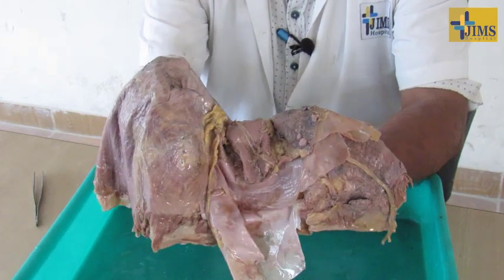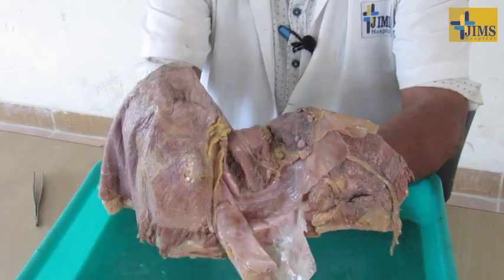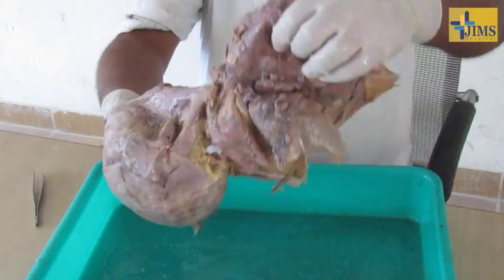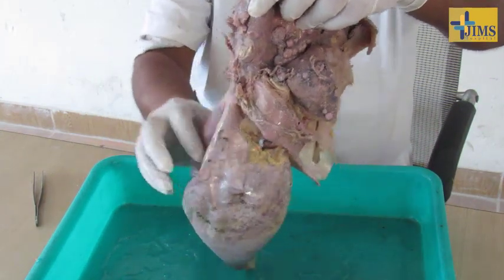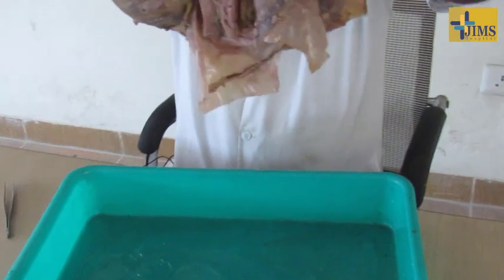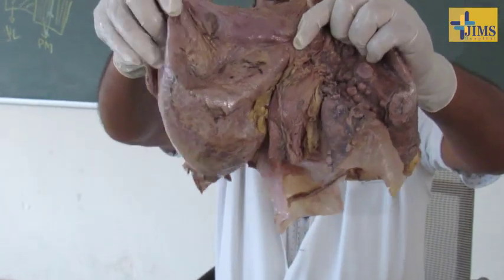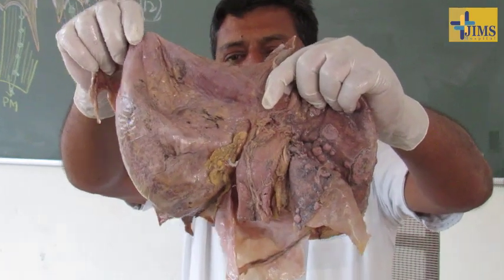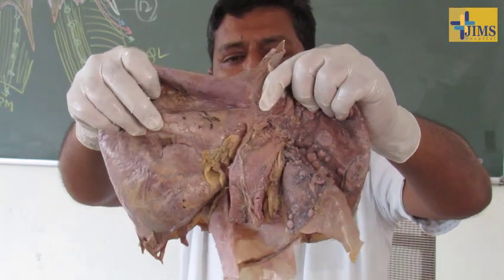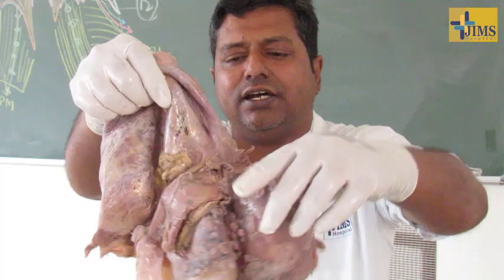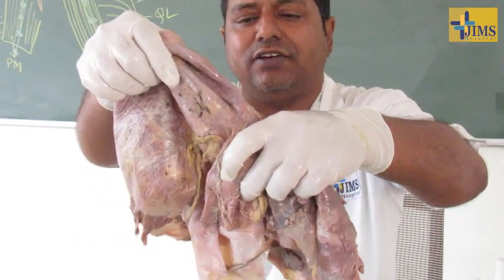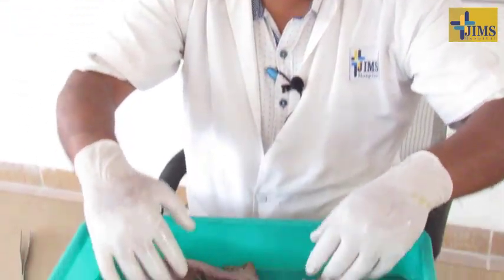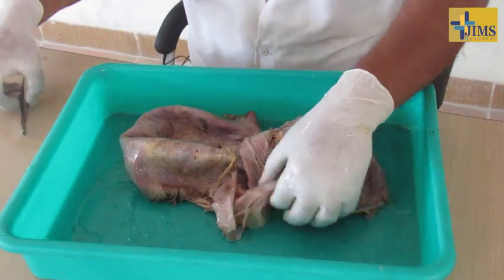So you hold the diaphragm in the anatomical position like this, and the central tendon, if you hold it against the light, you can see the central tendon, which is like a trifoliate leaf. You can see here the right leaflet, the left leaflet will be here, and the central leaflet or the median leaflet will be here.